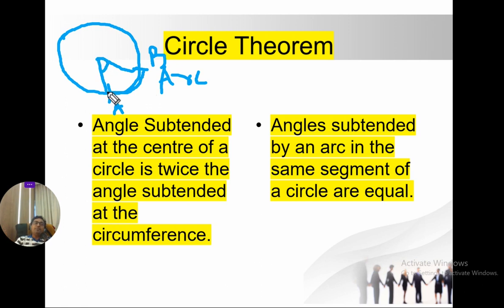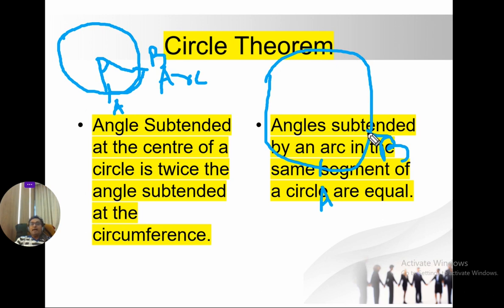Next, from this arc we can subtend angles on the circumference. Again I am drawing the circle. This is arc AB. In the first case, we subtended the angle at the center.